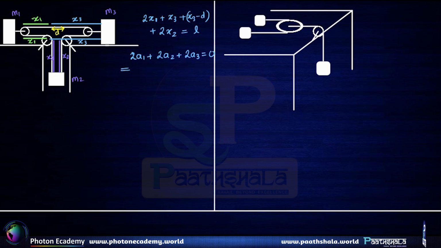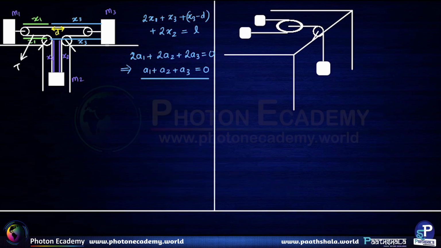This implies a1 plus a2 plus a3 is equal to 0. So this is one of the constraint motion equations, one of the equations that will be used to solve this particular system. It's the same string, that's why the tension in the string is going to be equal to T.